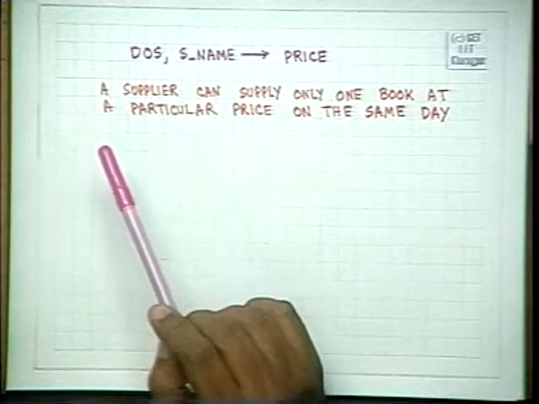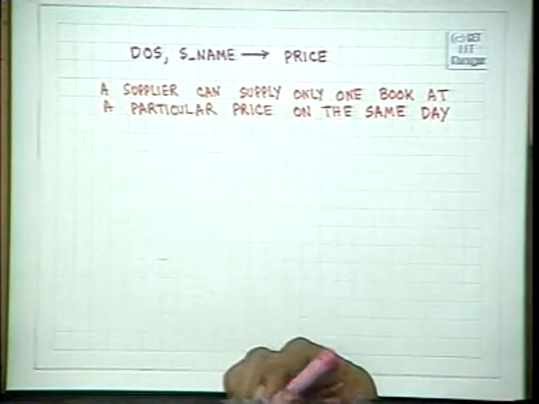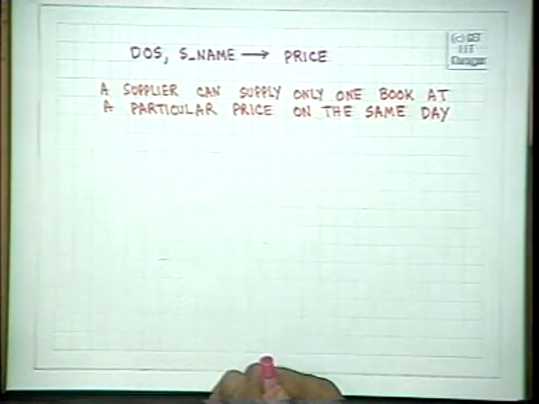So, if we specify a set of functional dependencies, then we can specify a set of added constraints which can quickly be checked during insertion, deletion and updation. During insertion, we have to check that duplicate elements do not exist, that is all.